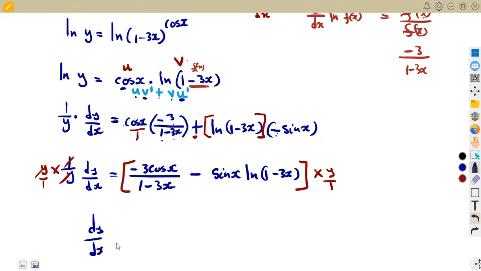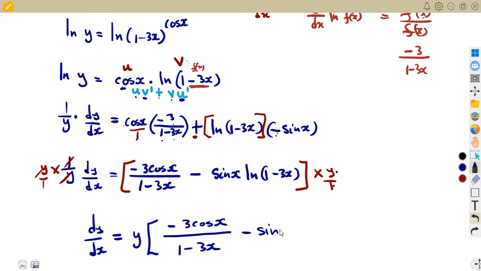So that means the derivative of y with respect to x is y over 1 times the whole of this bracket. So that's y into the whole of the bracket: minus 3 cosine of x over 1 minus 3x, minus the sine of x ln of 1 minus 3x in this case, like this.